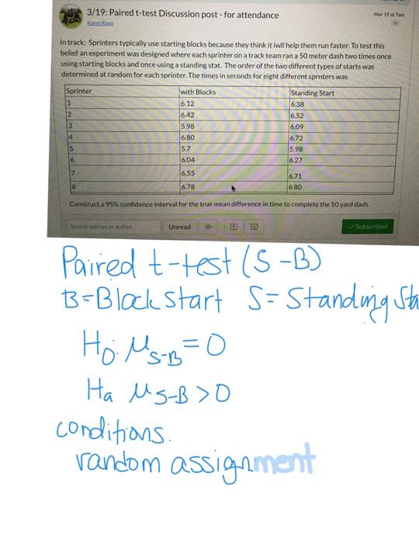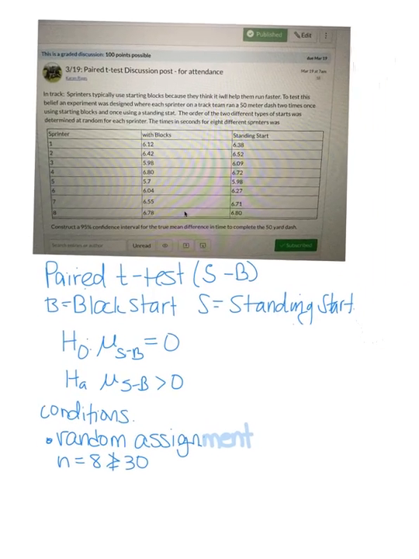Oh, that was a highlighter. Oops. Okay, then since n is 8, which is definitely not greater than or equal to 30, and it doesn't say anything about being normally distributed, we need to draw a graph of the differences.